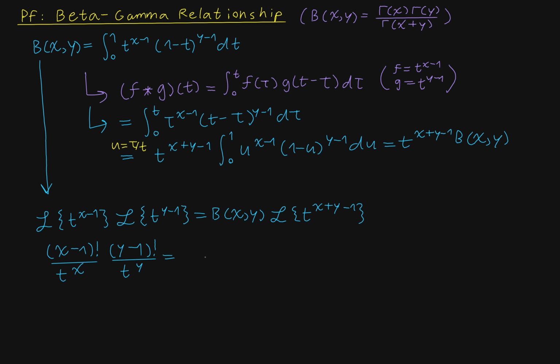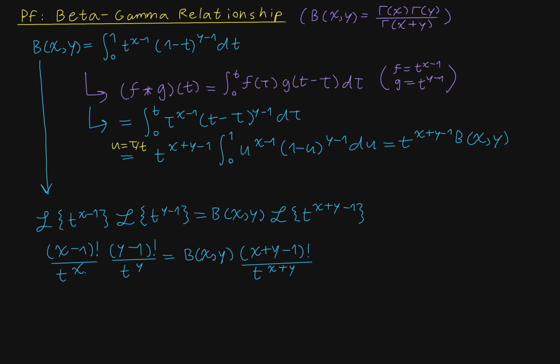And this is going to be equal to the beta function, and then times, similarly here, x plus y minus 1 factorial over t to the x plus y.